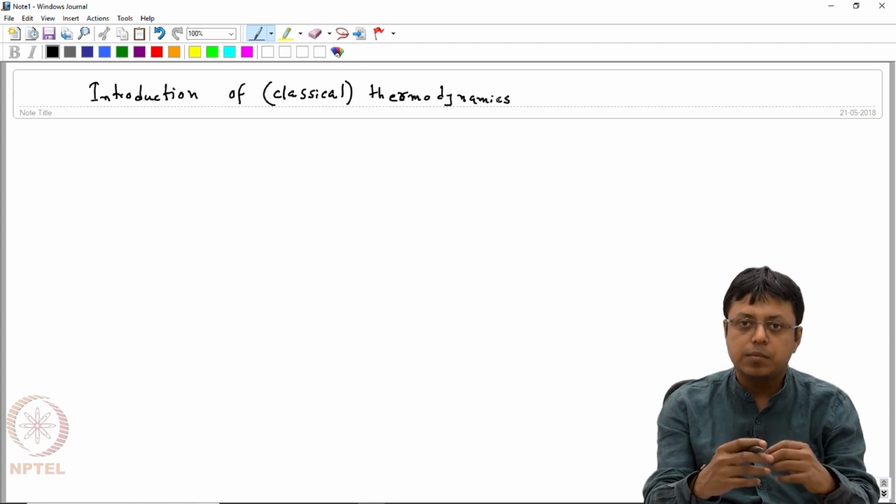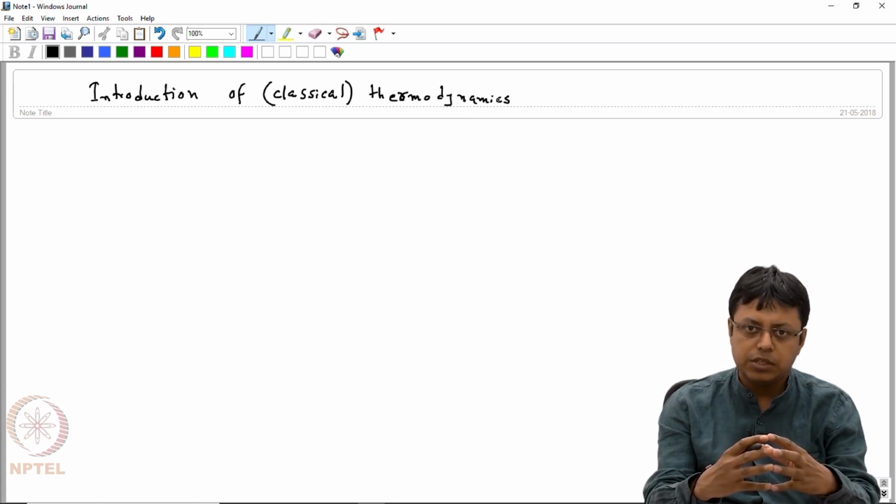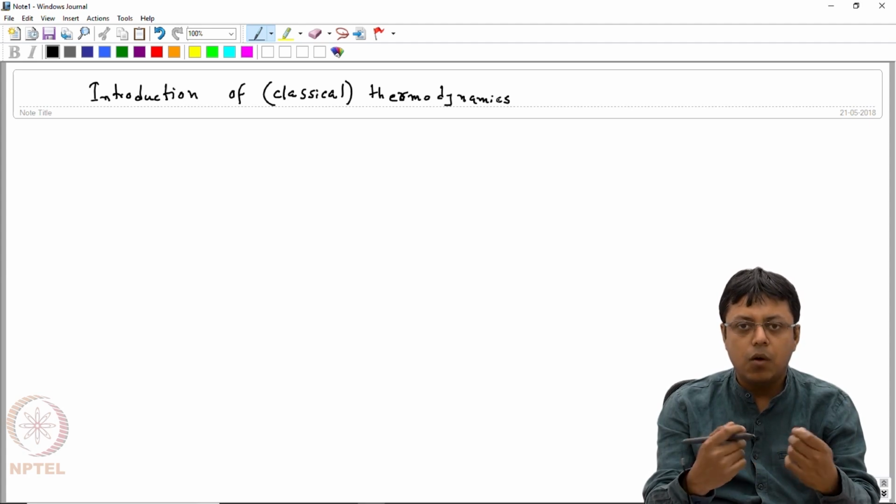Now, of course, the system possesses some internal energy, and the way we define the internal energy is as follows. Before coming to the internal energy, let us first discuss some other properties of work and heat. Work and heat are known as path functions, meaning they depend on how you transform the system.